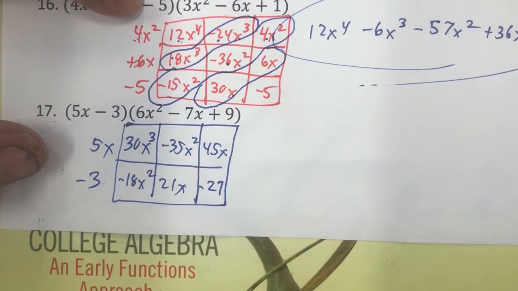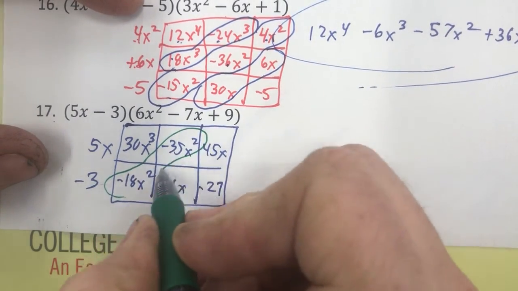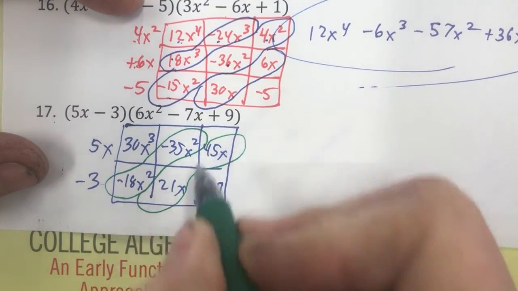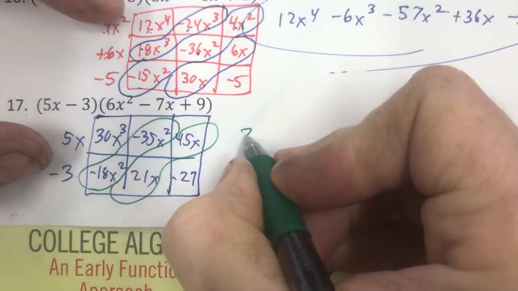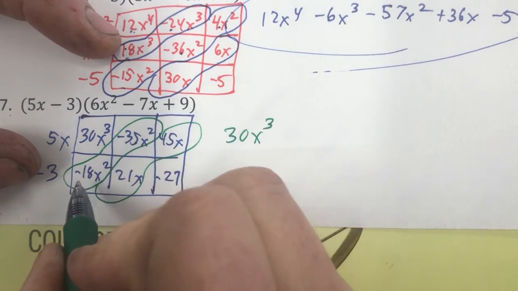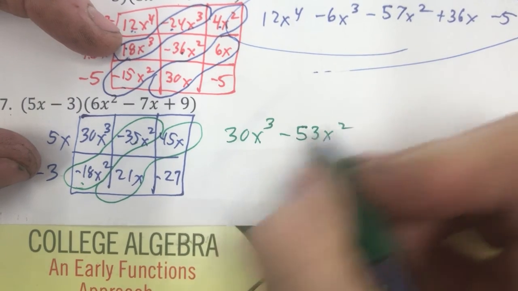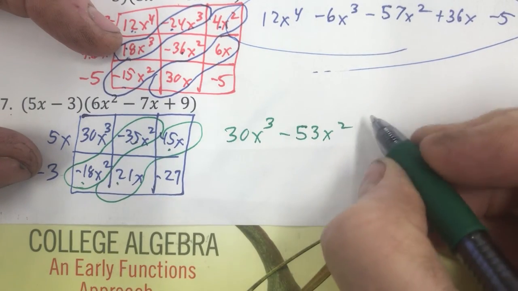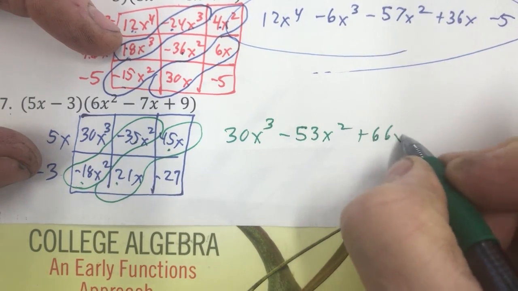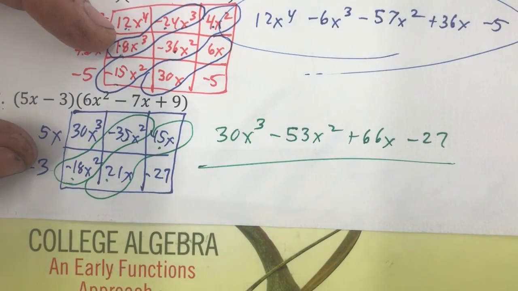And then like I've been telling you, like terms are going to be on the diagonal here. So it looks like 30x to the third, negative 35 plus negative 18 is negative 53x squared, 45 plus 21 is 66x, and then minus 27. And there's my answer right there.